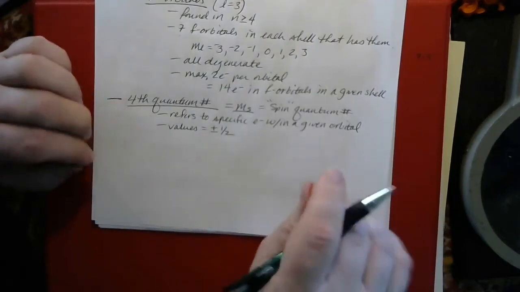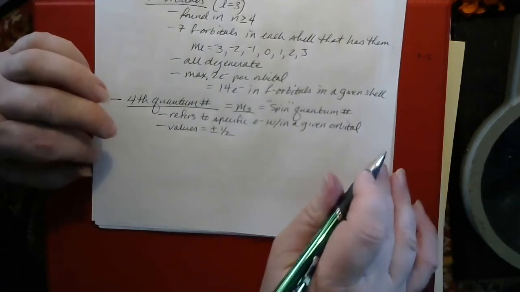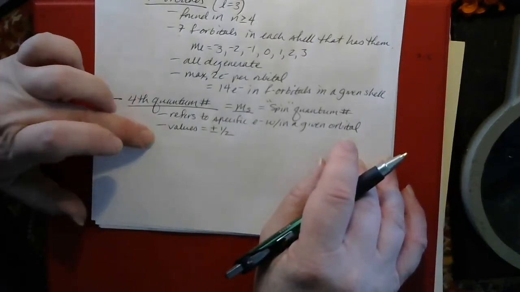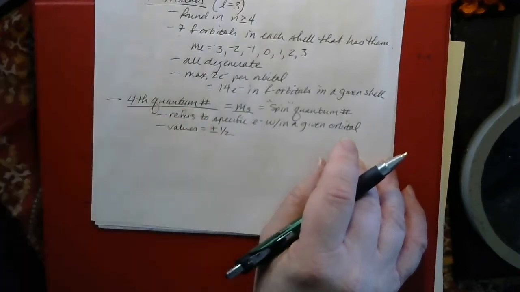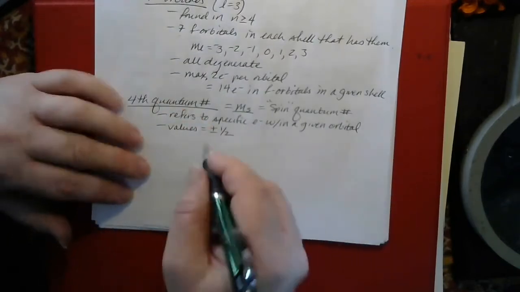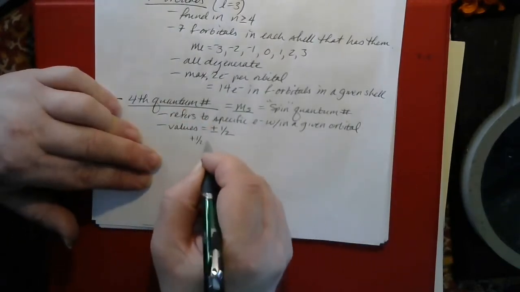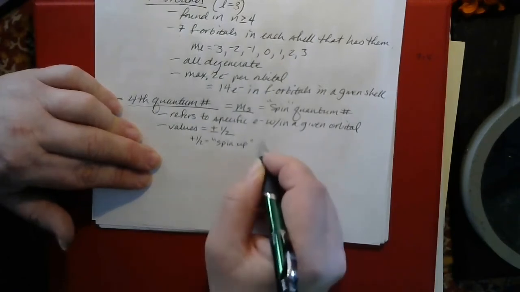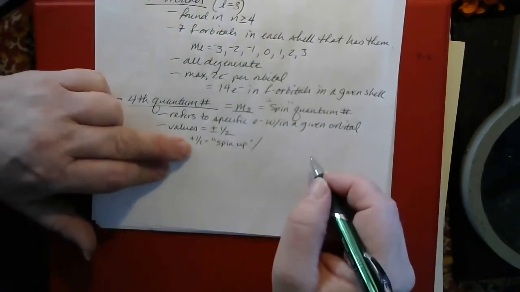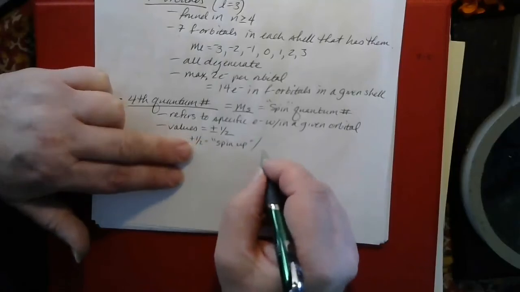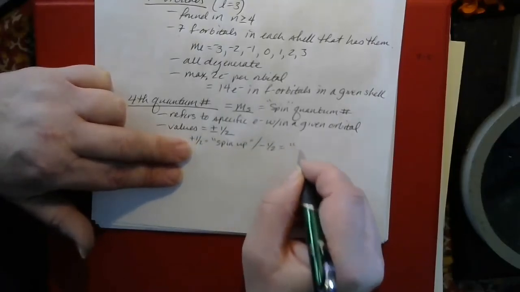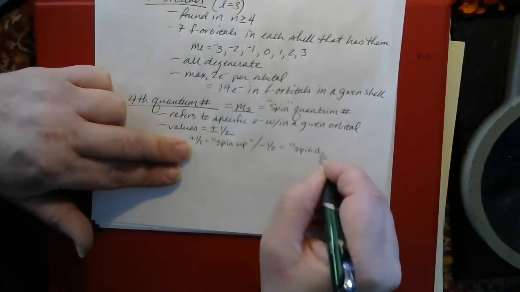This is the only quantum number that is not a whole number value. The values for the spin quantum number would be either +1/2 or -1/2. And +1/2 is called spin up, and -1/2, take a guess, spin down.